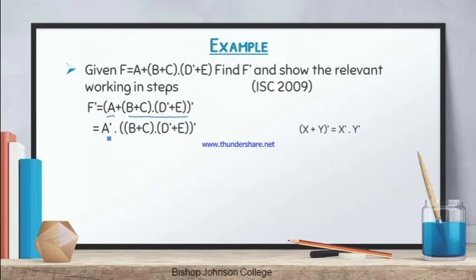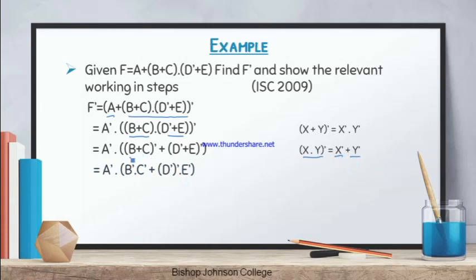So it is x bar, meaning a bar, dot y bar, the rest whole bar. Then further break here: it is x and it is y, so it is x dot y whole bar. As per De Morgan's theorem, x dot y whole bar is x bar plus y bar.